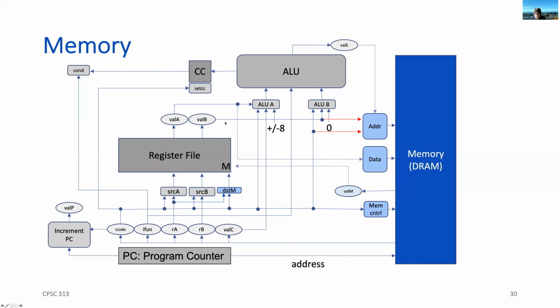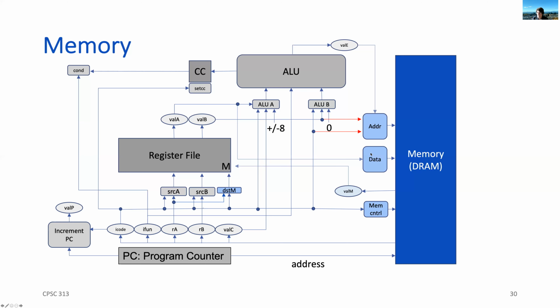So we're going to steal the signal out of val-b and say that's the address that we're going to use for pop operations. And once again, in order to decide which of these two addresses we're going to use, val-e or val-b, we need to get information from the opcode that's going to allow us to make that decision.